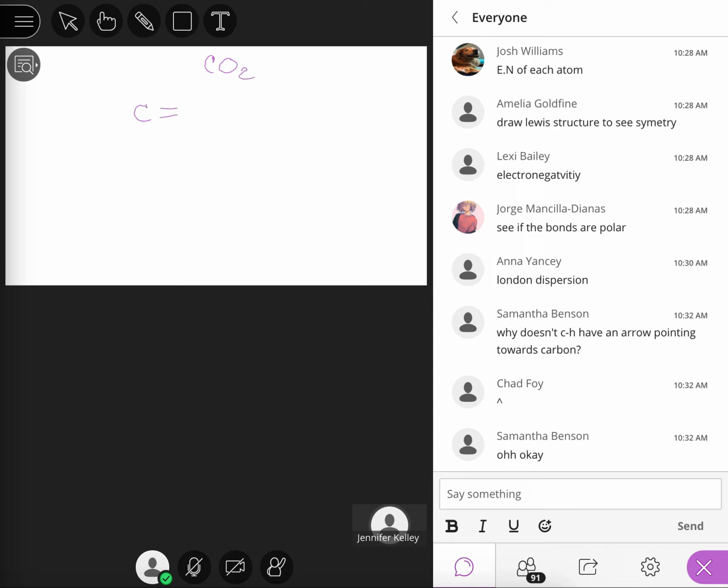All right, so we've got the Lewis structure looks like this. I've got to figure out what's more electronegative, carbon or oxygen. On the periodic table, it gets more electronegative as you go up and to the right.